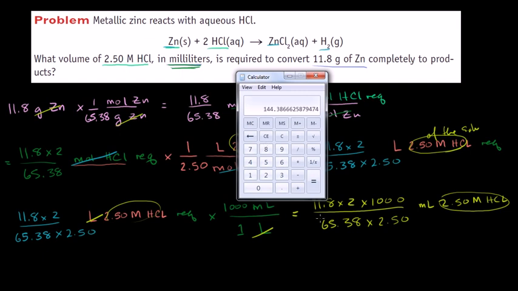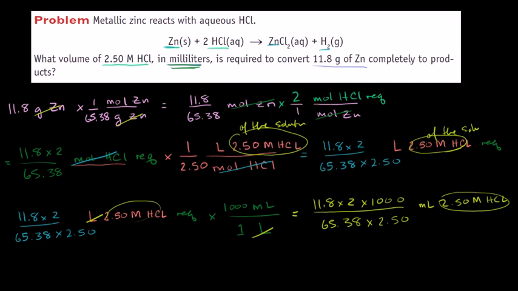A couple of numbers here only have 3 significant digits, so we should really only stick to 3 significant digits. So it's 144 milliliters of the 2.5 molar hydrochloric acid solution. And we're done. Hopefully you found that fun.